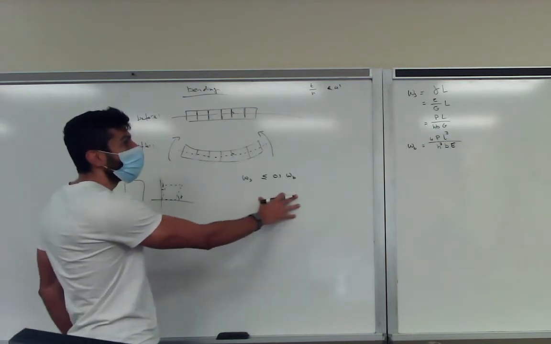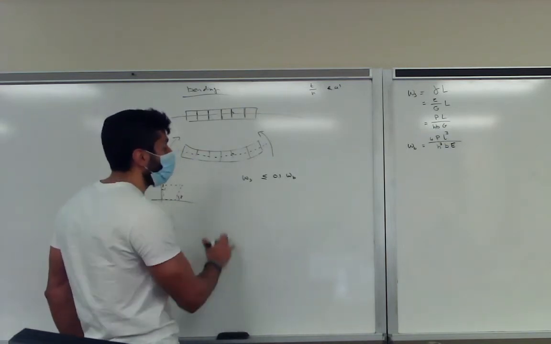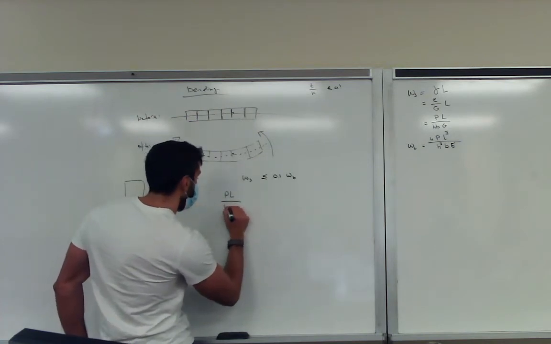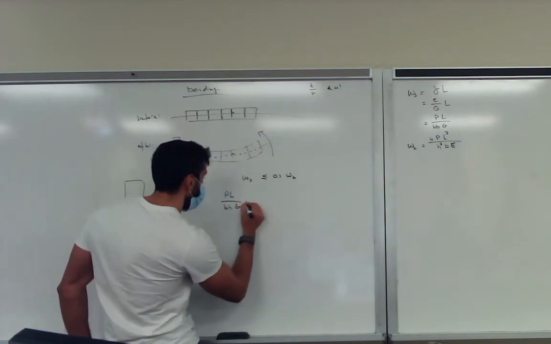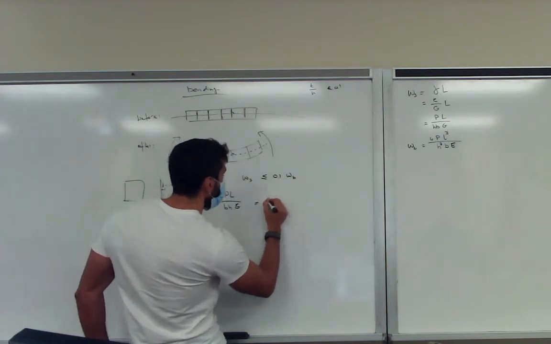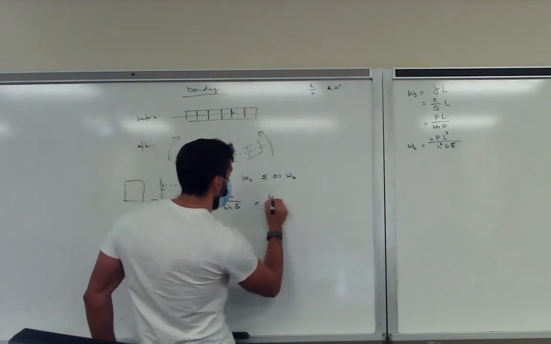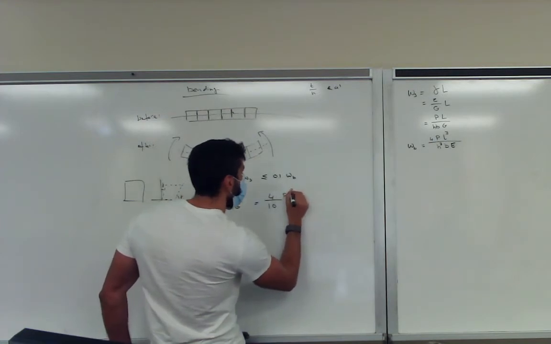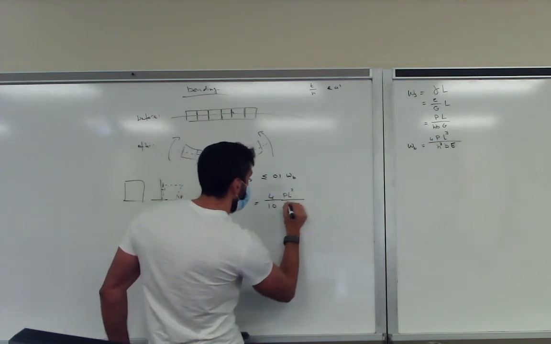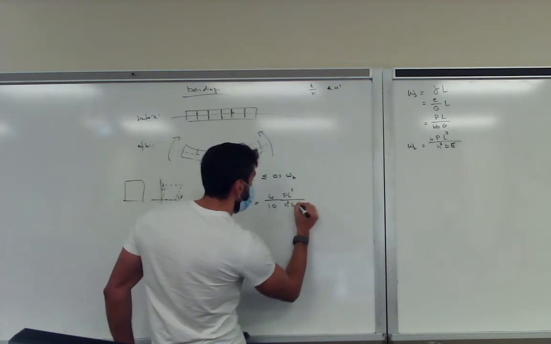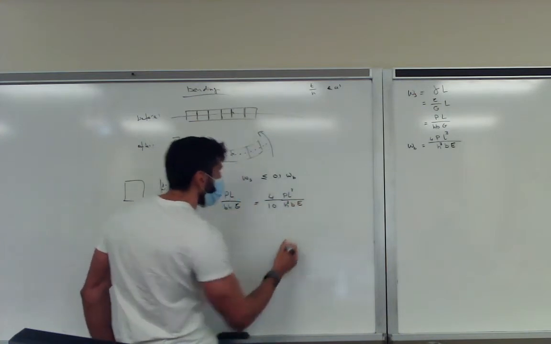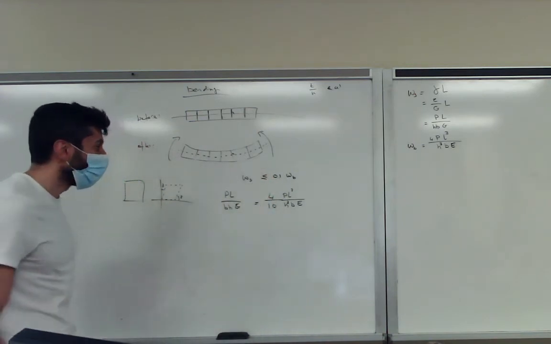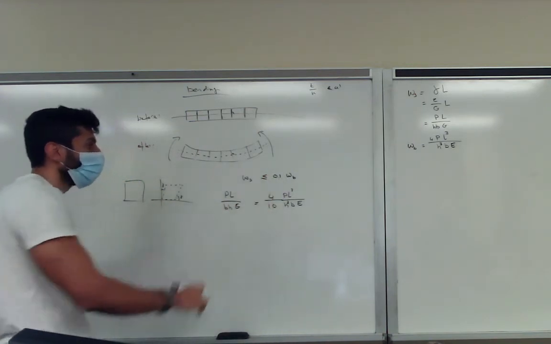And then we can get this equality: on this side we have PL over BHG equal to 4 over 10 times PL cubed over HBE. So I incorporate that 0.1 factor, so 10%.